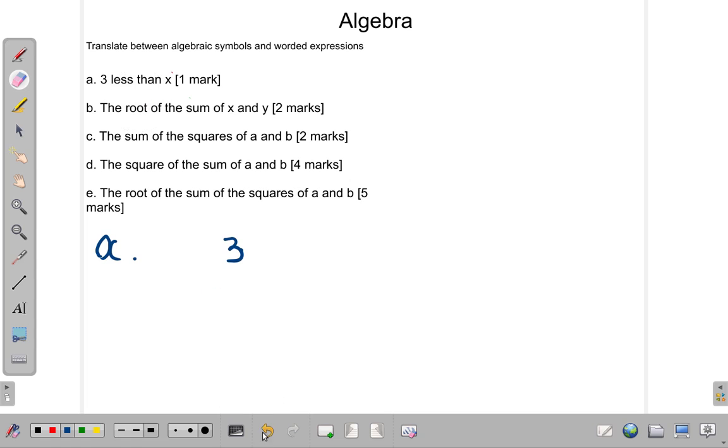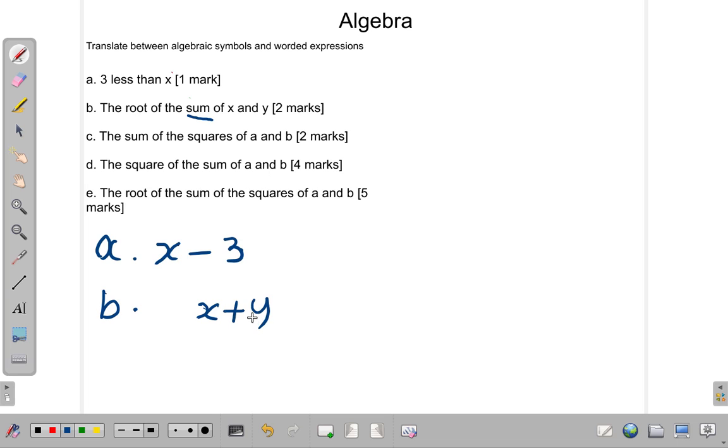Let's look at part B. The root of the sum of x and y. 2 marks. We want to look at the sum. Sum means you're going to add. The sum of what? X and y. So it's going to be x and y that you're going to add.